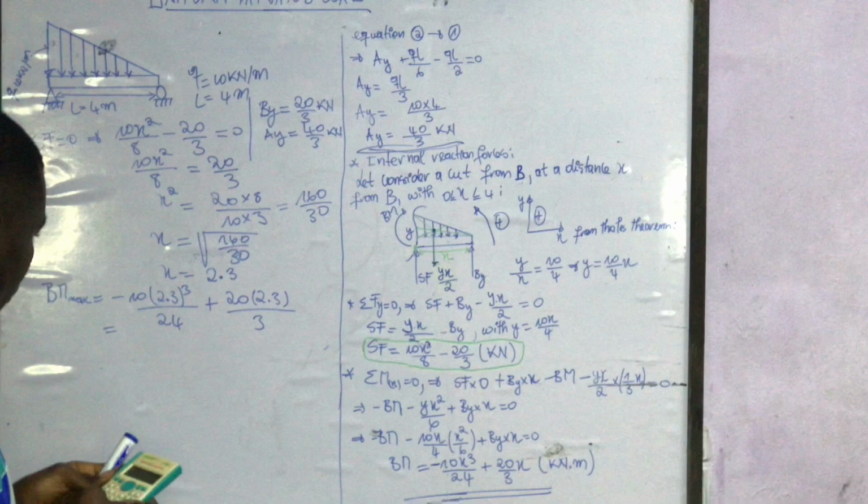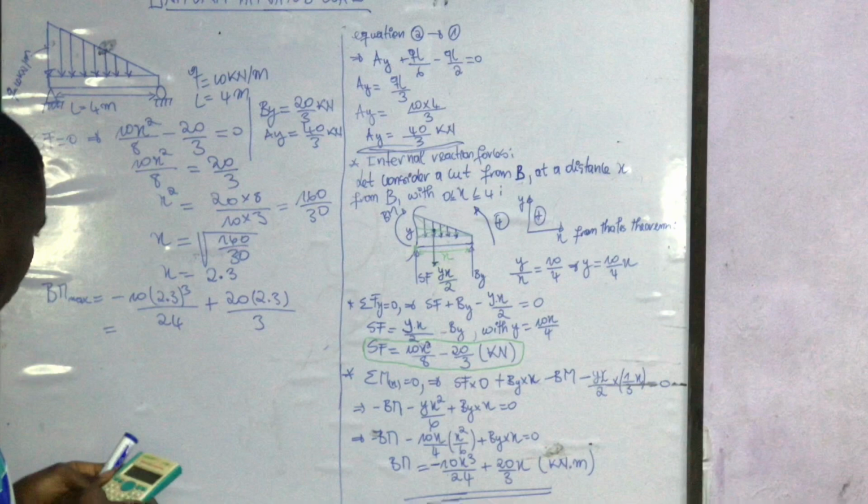Point A with x equal to 0. Point C with x equal to 2.3, the point where the maximum bending moment is located. And the last point B with x equal to 4.